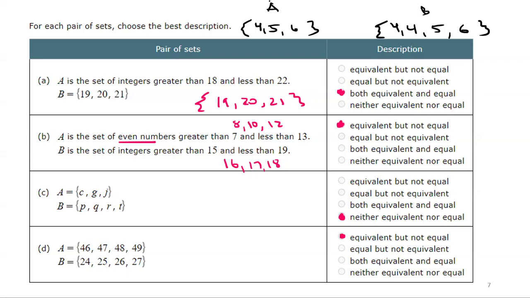Equal means, do they have the same numbers? Okay, so A has 4, 5, 6, and B also has 4, 5, 6. Even though 4 is listed twice in part B, they still have the same numbers.